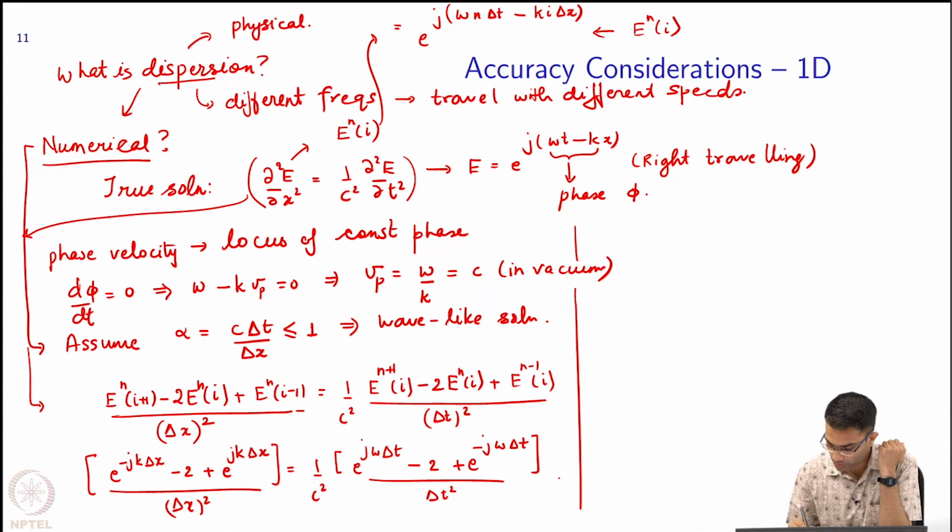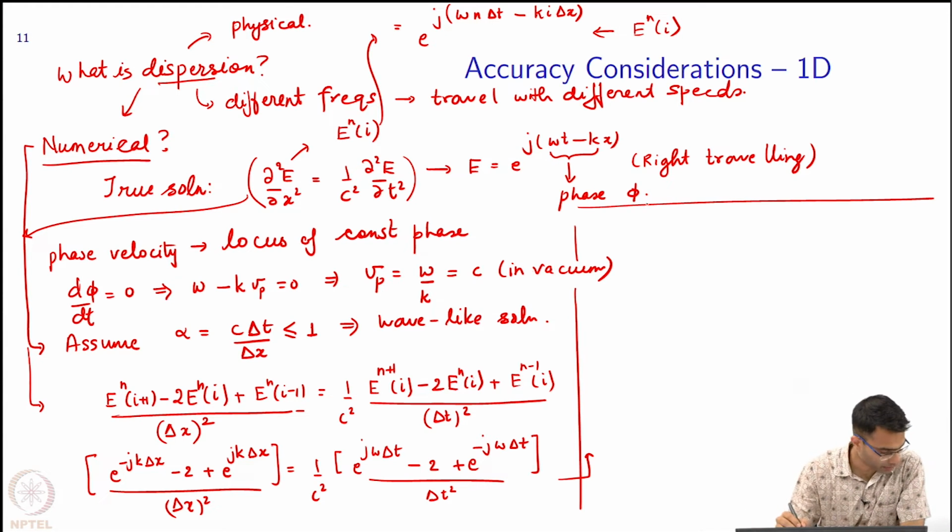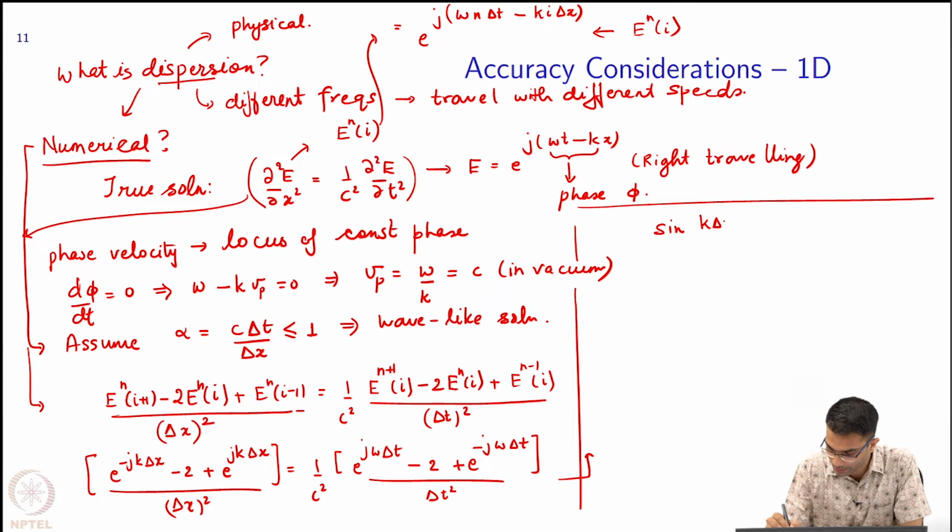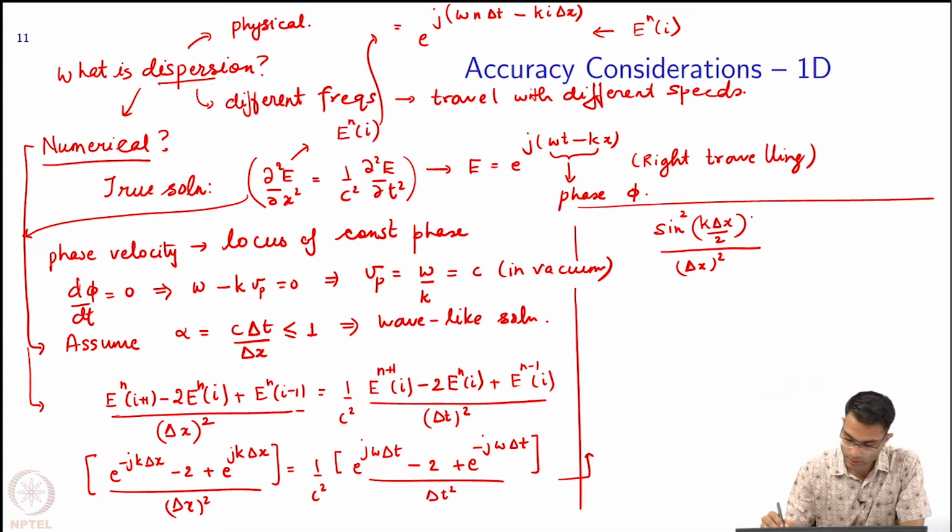So, the final expression that I get is sine k delta x by 2 squared divided by delta x squared is equal to 1 by c squared delta t squared sine squared omega delta t by 2.